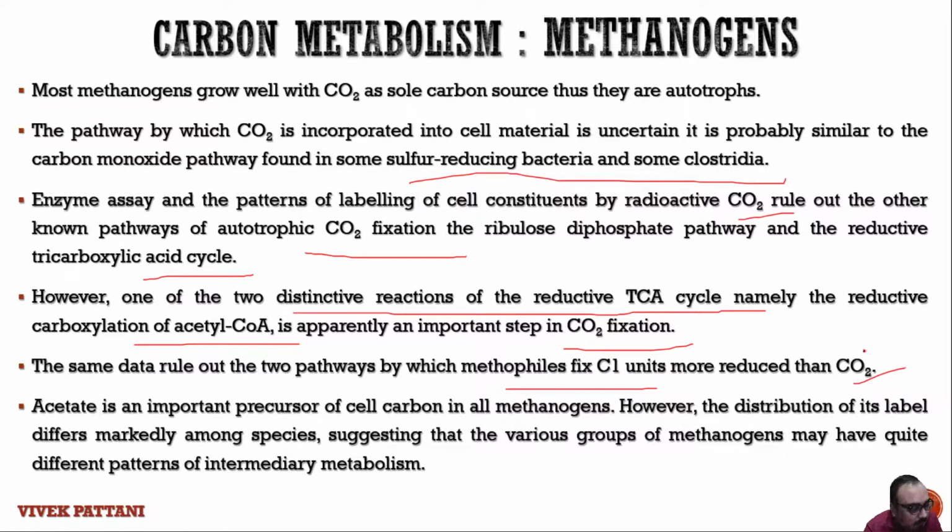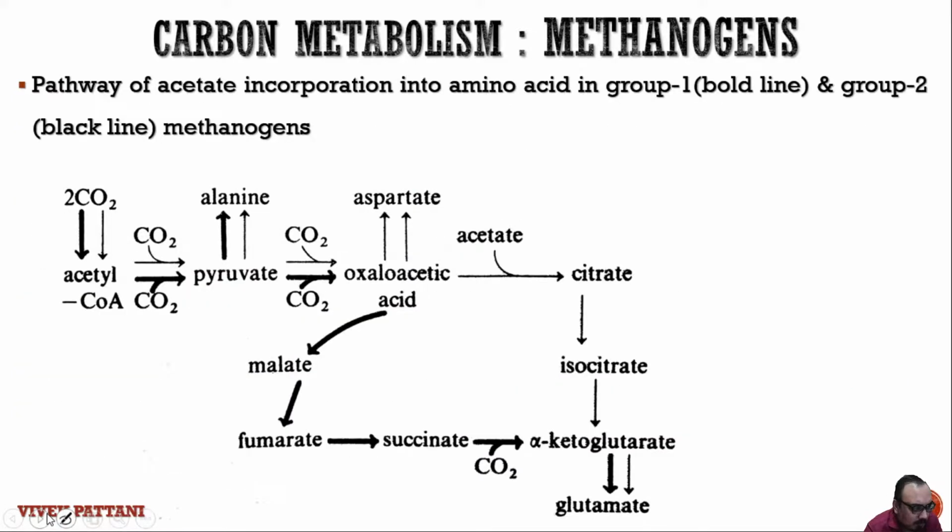Acetate is an important precursor of cell carbon in all the methanogens. However, the distribution of its label differs among the species, suggesting that the various groups of methanogens may have quite different patterns of intermediary metabolism. They have a variety of metabolism patterns.